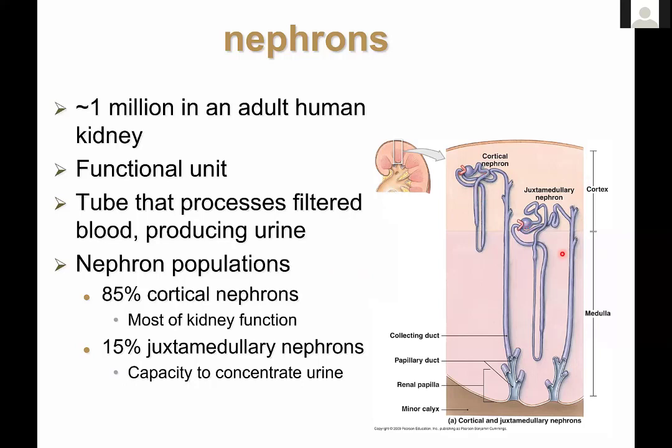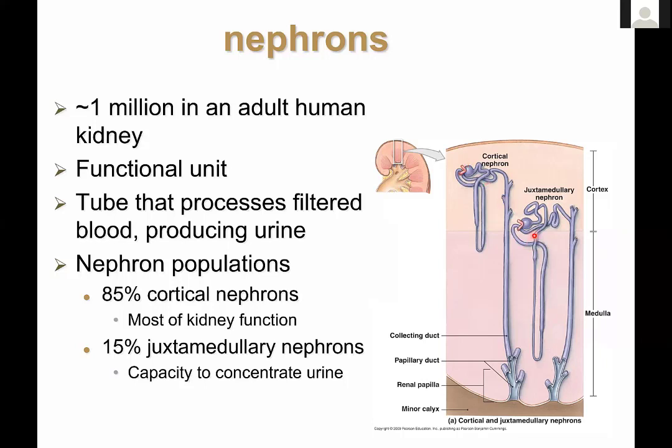So if you look over here, we've got cortical nephrons, and these are primarily in the cortex. And juxtamedullary nephrons. These ones have a glomerulus that sits closer to the dividing line between the cortex and the medulla, and their nephron loop, or loop of Henle, extends much deeper into the renal medulla.